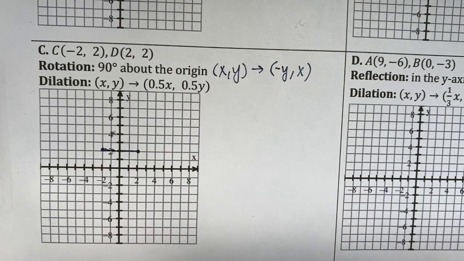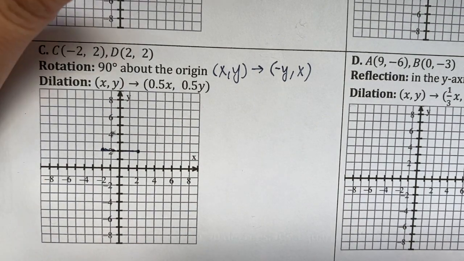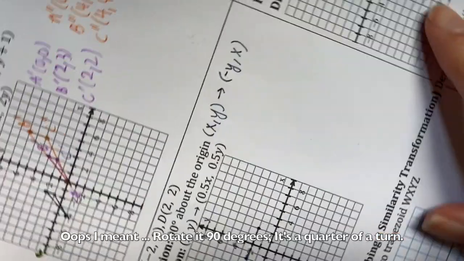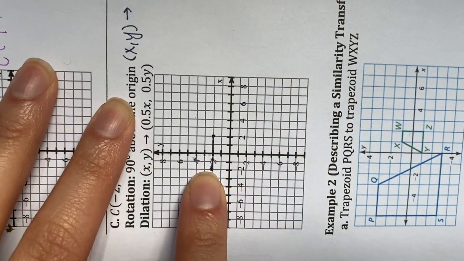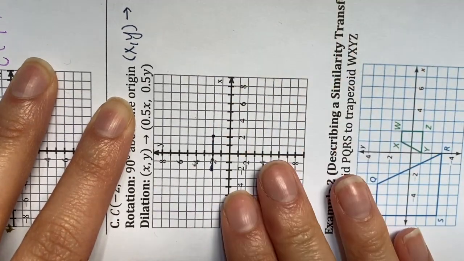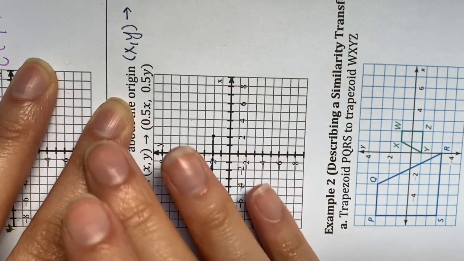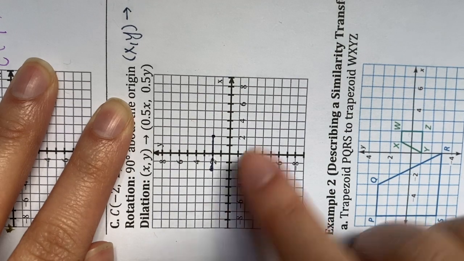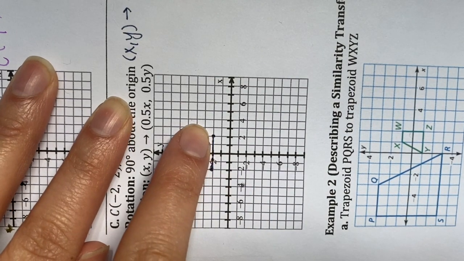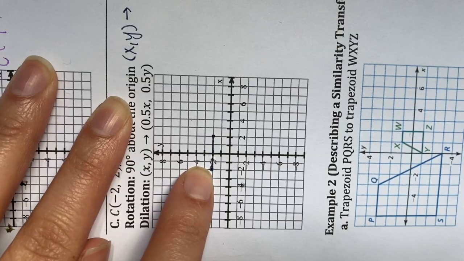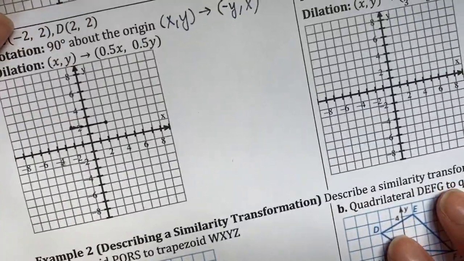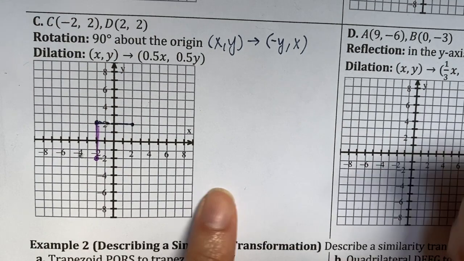Another way that you can do a rotation is you can just turn your paper, and then make note of where the points are, pretend like the graph is upright, and then record the points that you get. So this would be at (-2, 2) and (-2, -2). So I'm going to graph those 2 points.